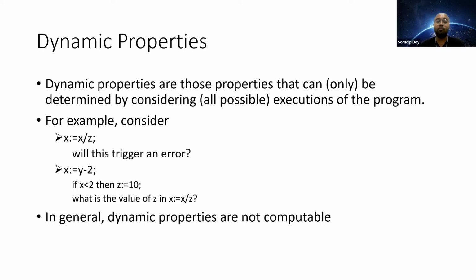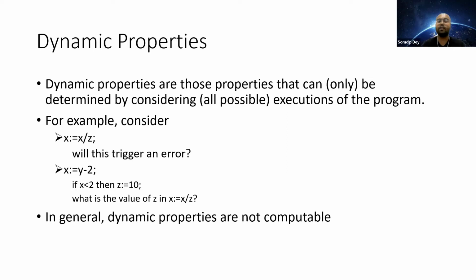So if your program didn't know the value of z itself until execution, you won't be able to determine the type of x based on this x divided by z, right? So why this is called dynamic type checking is because you have to wait till the execution and consider all the possibilities of the different values of x and z to be able to understand whether there will be an error or not.